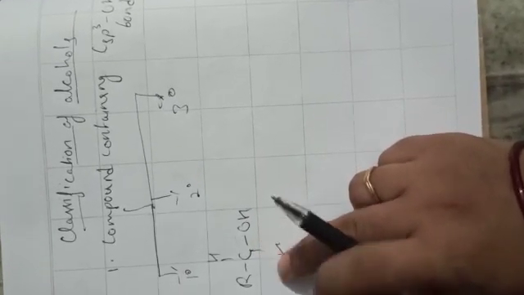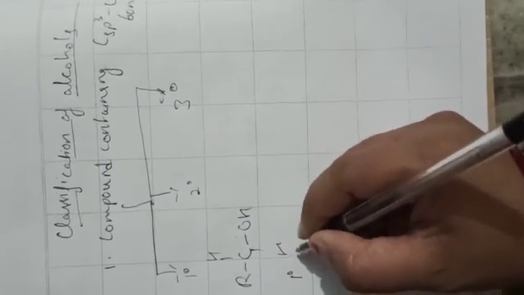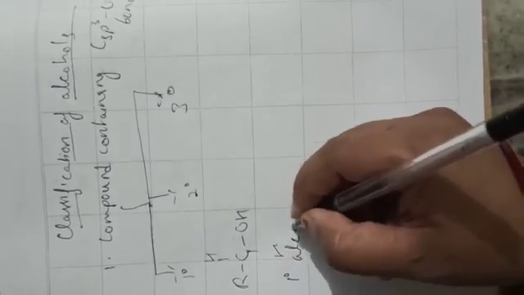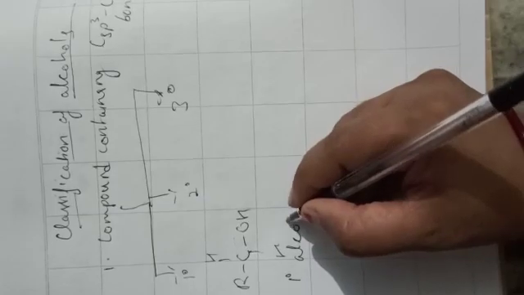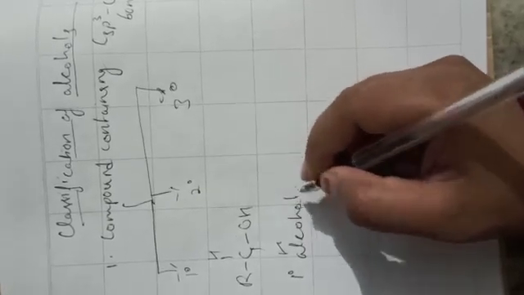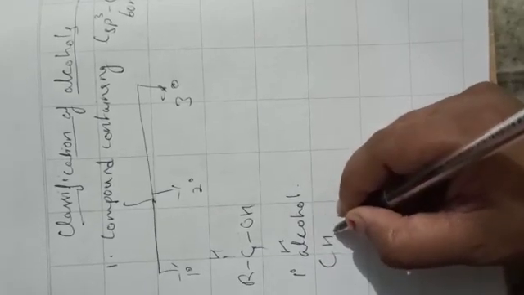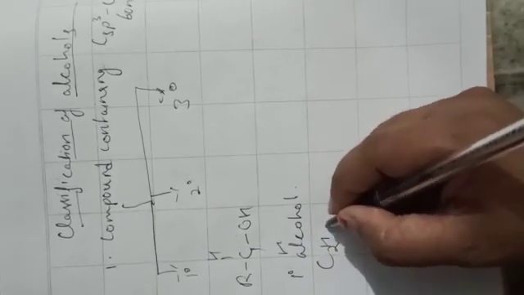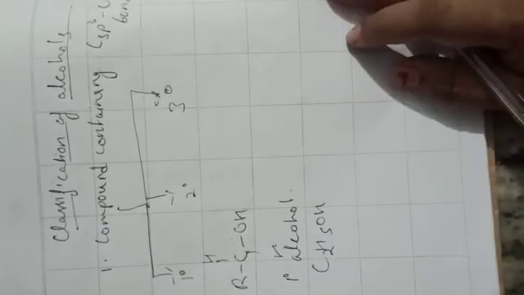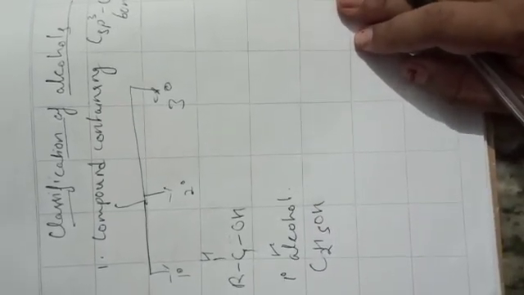So that is why it is known as a primary alcohol. The common example for this is your ethanol, which is C2H5OH, which you commonly call ethyl alcohol.